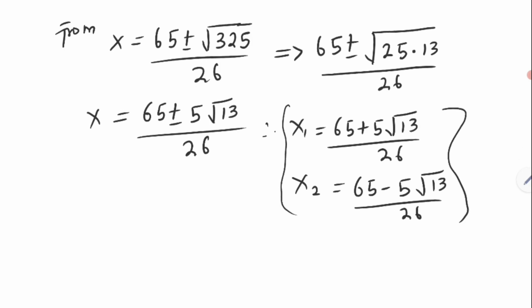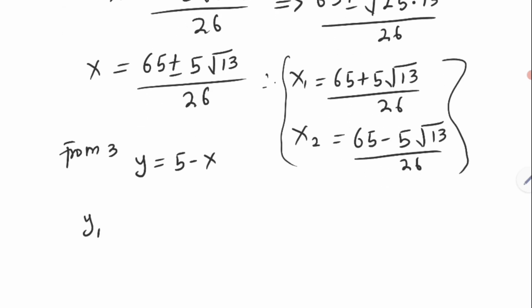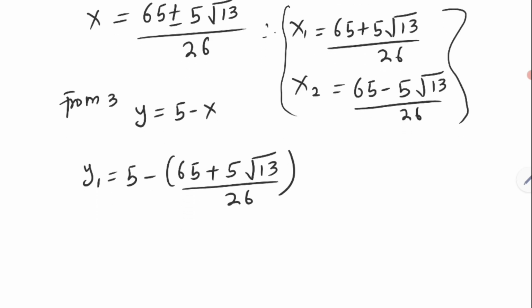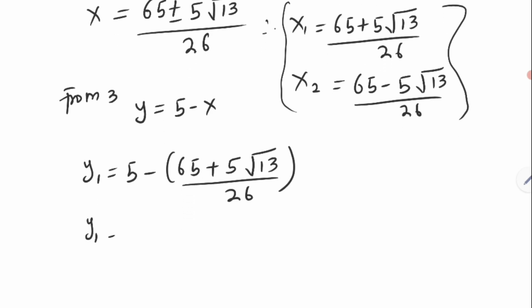Let us solve for y1 and y2. From the same equation 3, y is equal to 5 minus x. Y1 is equal to 5 minus x1, which is 65 plus 5 root 13 over 26. Y1 is equal to, this is over 1, the LCM is 26.